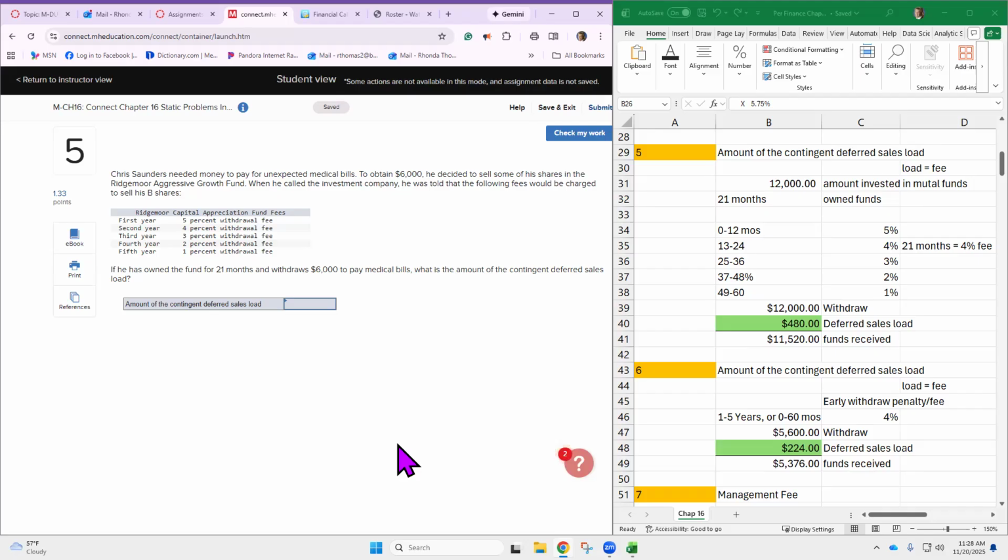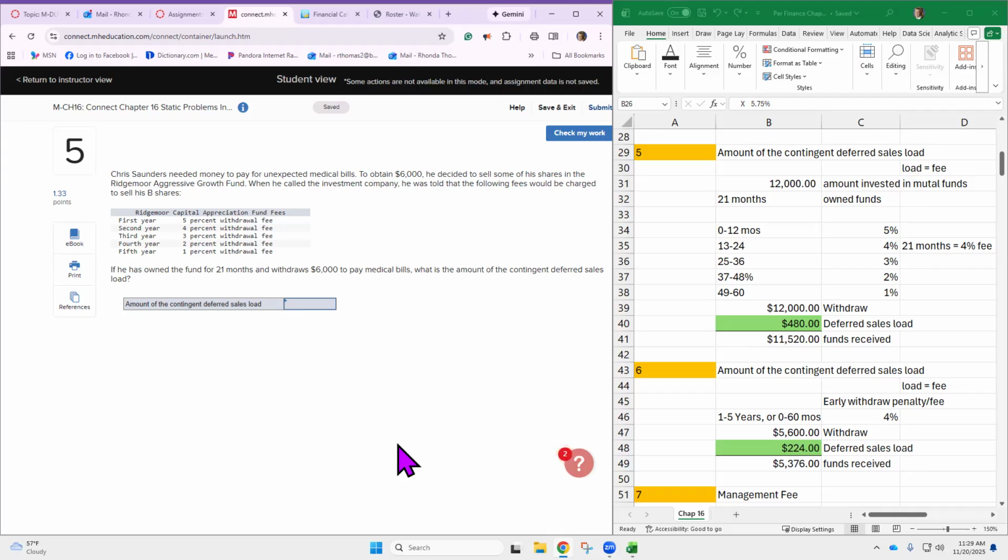So sometimes you've got to decide which is better, to pay it off or whatever. He decided to sell some of his shares in his Ridgemore Aggressive Growth Fund. When he called the investment company, he was told that the following fees would be charged when he pulls out his B shares.